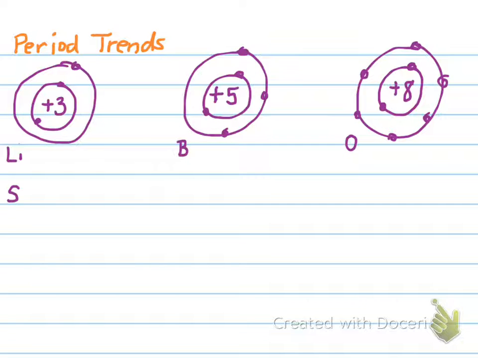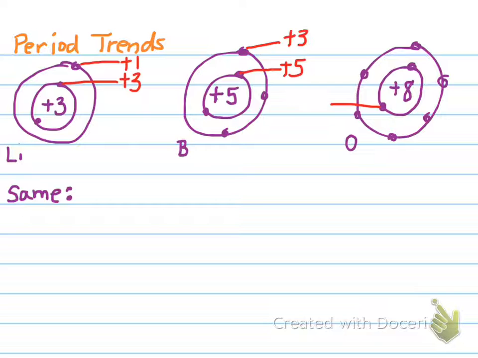Again, we want to look at kind of what stays the same here. Okay. So if I want to look again at my pull, right, I have a +3 pull, and then I have shielding of 2, so I have a +1 pull. I have a +5 pull, I have a shielding of 2, I have a +3 pull.